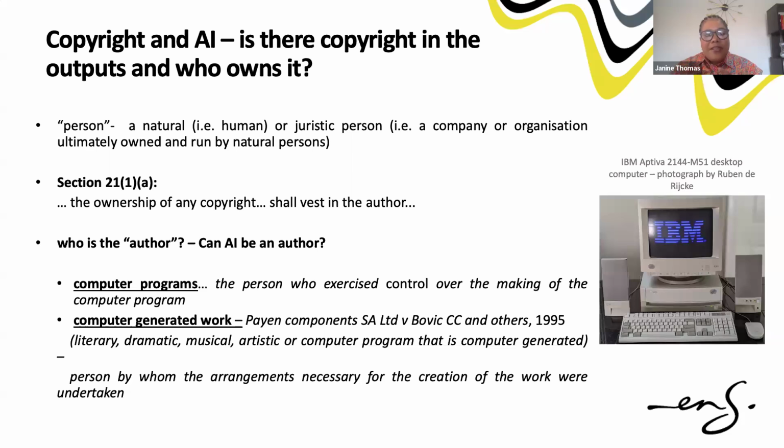And the South African Copyright Act goes on to define who the particular author of a work is. In the context of a computer program, the author is the person who exercises control over the making of the work. Even in cases where there's no direct or obvious human involvement, the courts have said that in the case of a computer-generated work, it's the person by whom the necessary arrangements for the creation of the work were taken. So there's a huge focus on the author being a person in the context of copyright law.